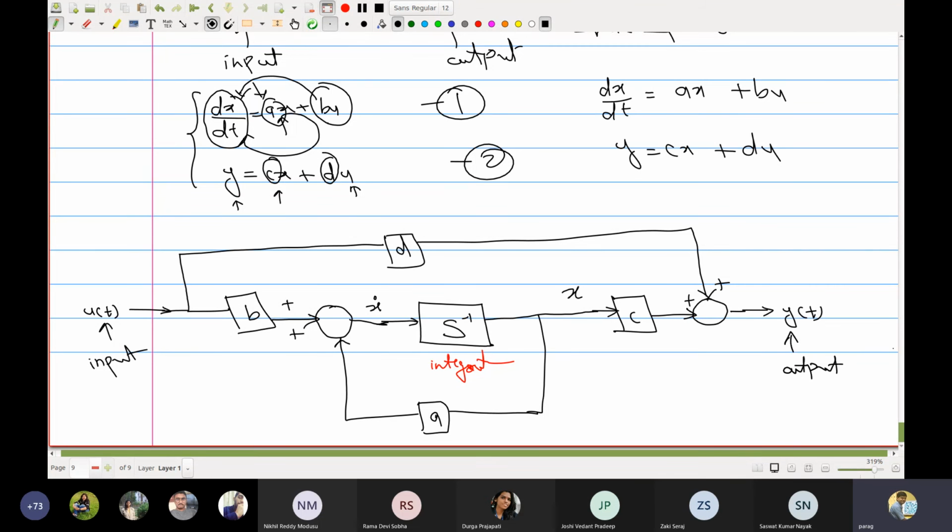Now let us try to very carefully get different contributions. To get y, you have to multiply u by d. So therefore you get this path. You simply multiply it by d.